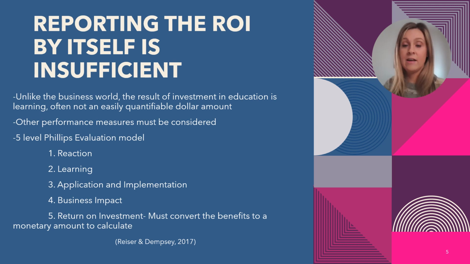And finally, the ROI percentage is configured to compare the monetary benefits to the total costs accrued in implementing the program. By this model, one can help determine if the educational technology is a worthwhile investment. This is supported by Reeser and Dempsey.